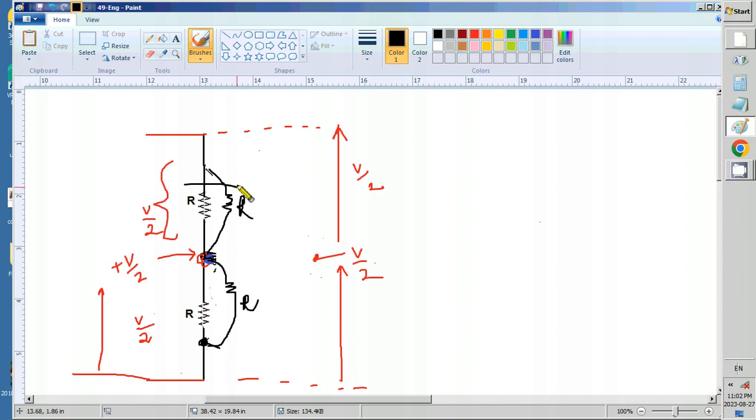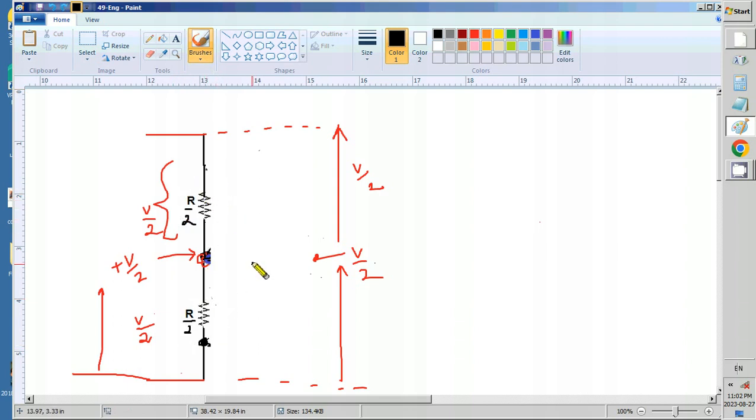And now these R are in parallel. These two also are in parallel. So we can write R divided by 2 instead of these two, R divided by 2 instead of these two. Then let us delete this one. Now already finished. Now what can we do? These two are in series.